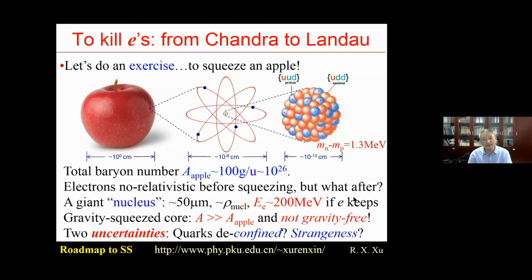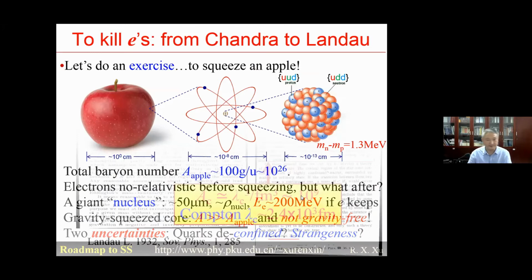It's much higher than the apple baryon number. But anyway, both the apple nuclear matter and the core-collapse remnant, both these matter objects could be considered as giant nuclei. That's because in both cases, the baryon number is much higher than this critical value.